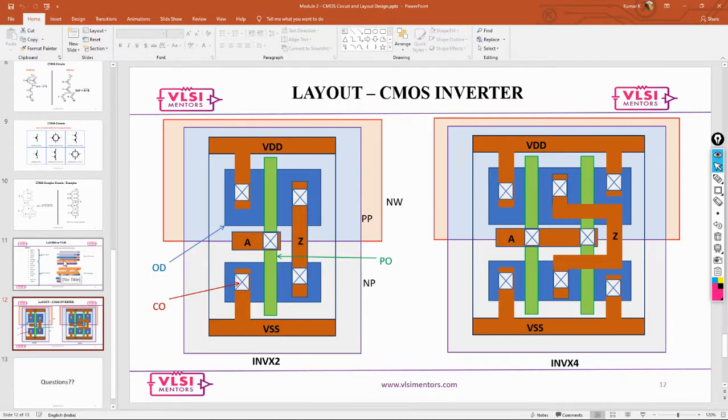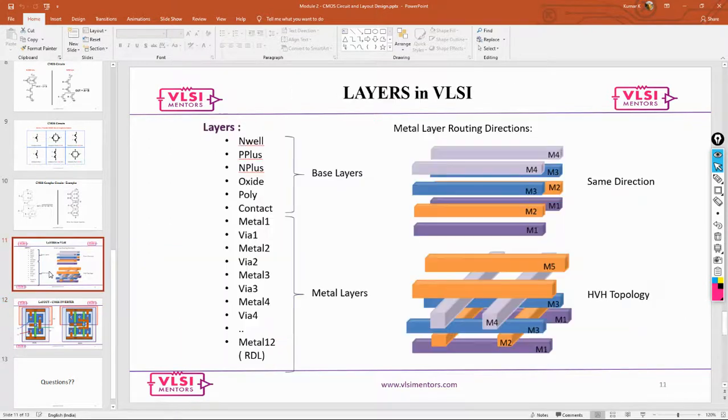You are not going to be developing layouts, but you have to work with such layouts, so you should know the basics of layout so that you can do a better job in PD. So the next two classes will complete the whole CMOS.